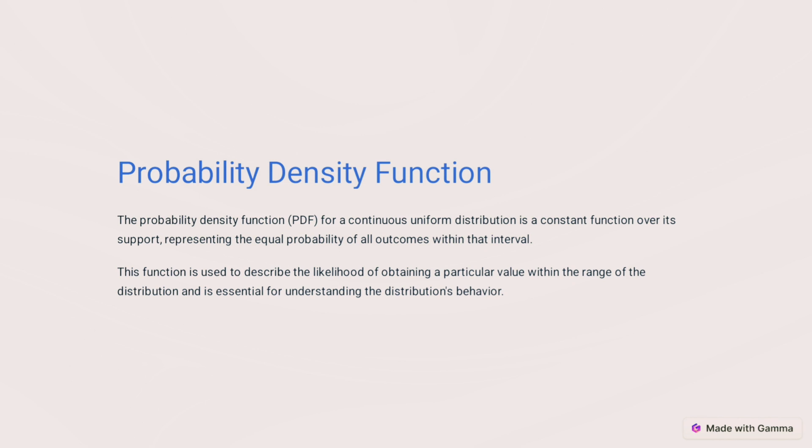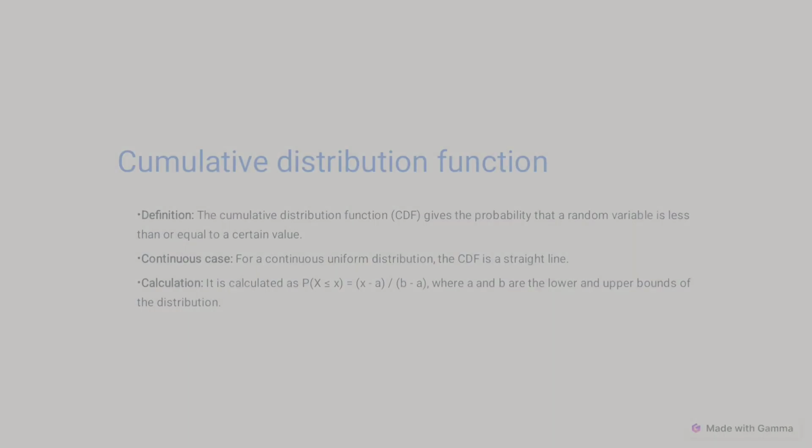This function is used to describe the likelihood of obtaining a particular value within a range, and is essential for understanding distribution behavior. So this is the PDF, the probability density function. Now we are going to move ahead.